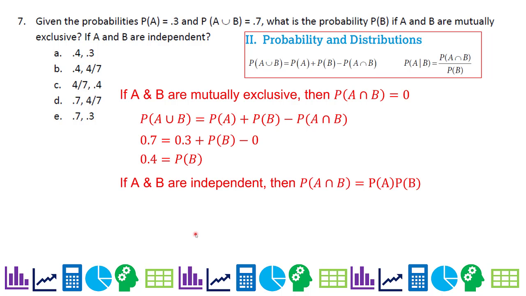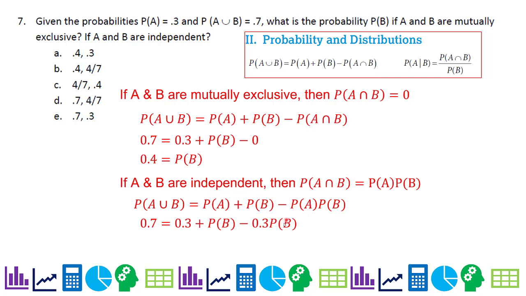And then, hopefully I have the right one circled, if A and B are independent, then the probability of A and B is the same as probability of A times probability of B. All right, but the thing is, I don't know probability of B, so I'm going to substitute back into the same exact formula, except now I know that this is supposed to be true if they're independent. I substitute in all the values I know.